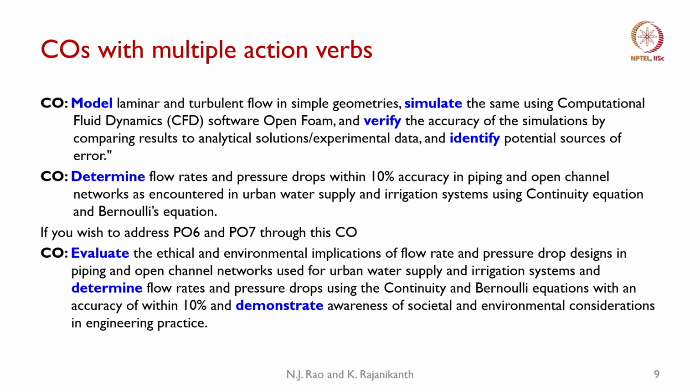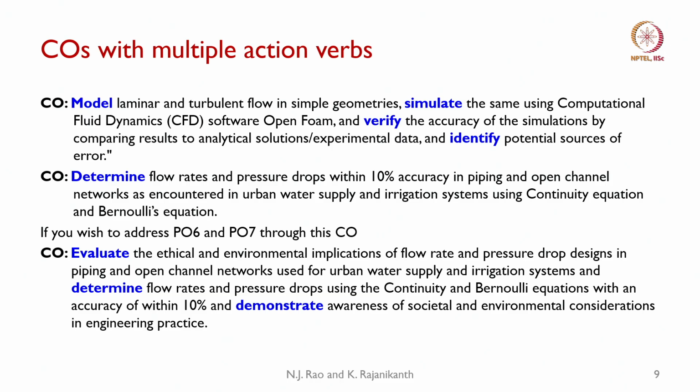It's a valid CBO, but you are using only one action verb. But now I want to append to this that I also want to address PO6 and PO7. What is PO6? It belongs to engineer and society, in what way it has influence on that and so on.